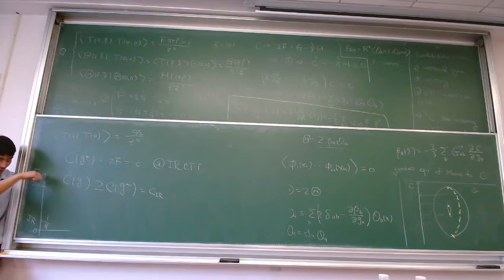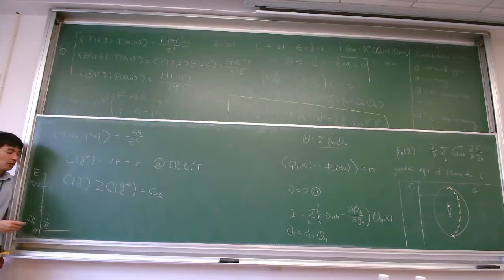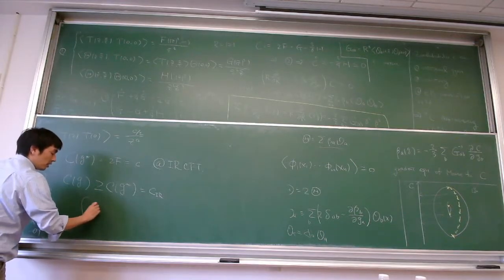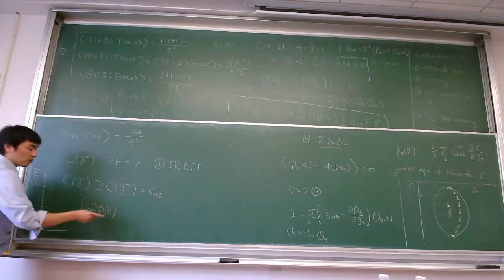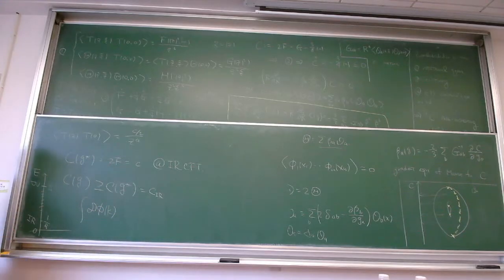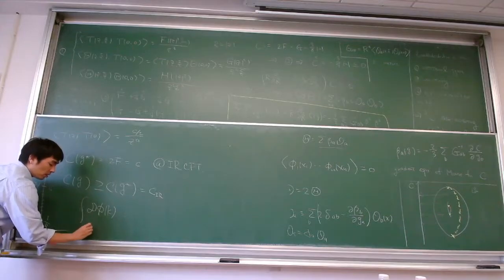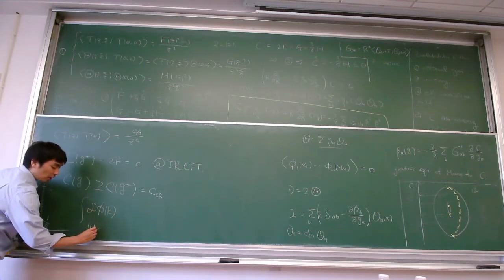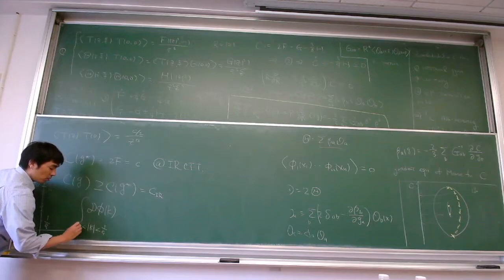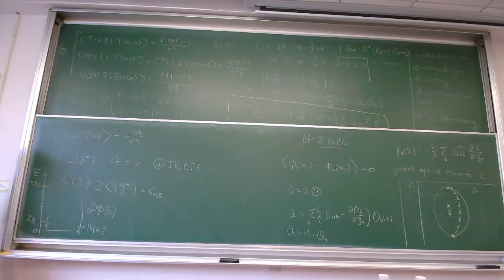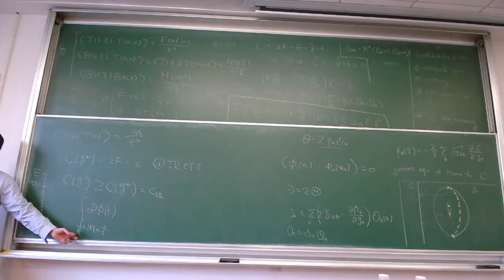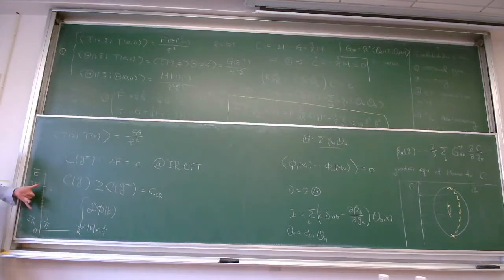If you go to IR, there's a mode which in between you cannot see. So there are massive states. You cannot see massive states. So in the Feynman path integral, d phi of mode k, if you go to the Fourier momentum mode, k is integrated out from 1 over a to 1 over R. If you go from UV to IR, you have to integrate the modes between them.